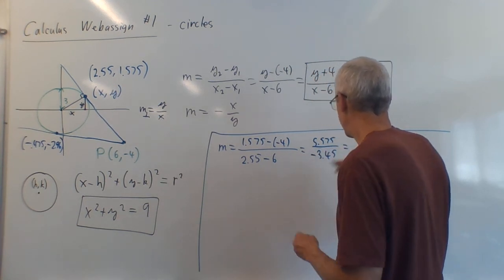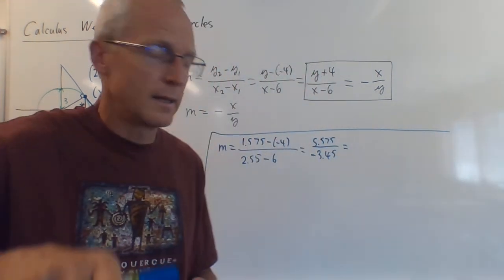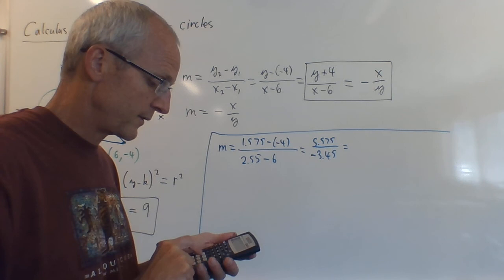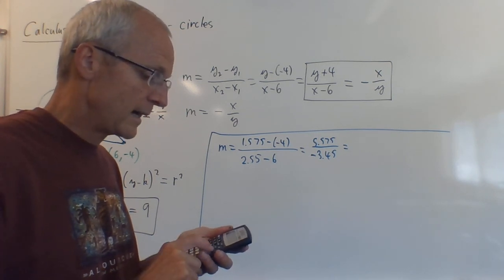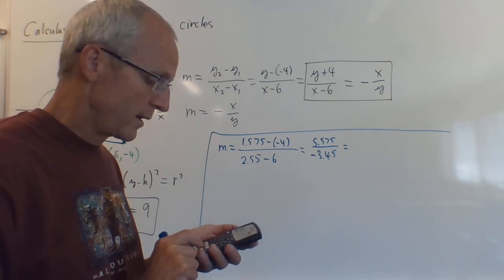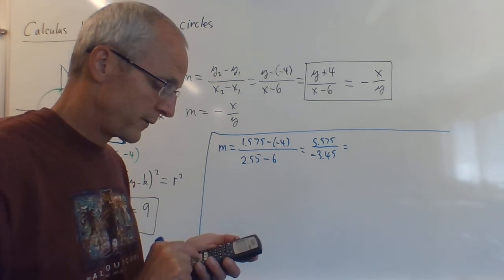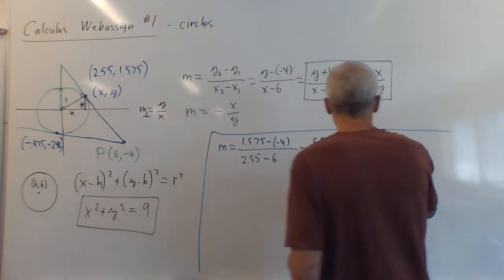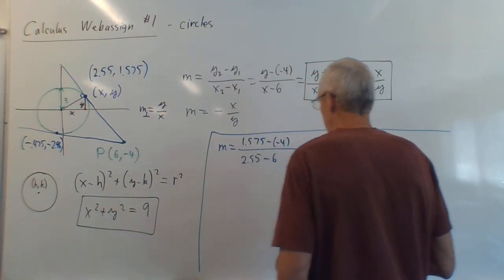So 5.575 divided by -3.45 is -1.62, let's say. -1.62. Okay.